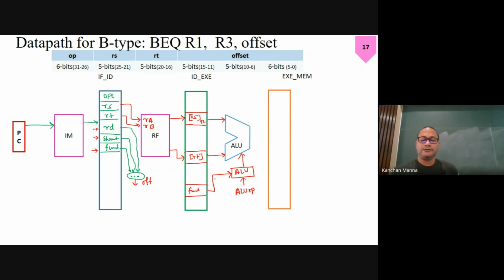Clear? So in this case, this is BEQ type. We have to perform the subtraction. And what could be the ALU op value in that case? 0, 1, right? Remember, the function field may not be used, but we have this connection earlier. Now here we are comparing, so we should have a zero flag.